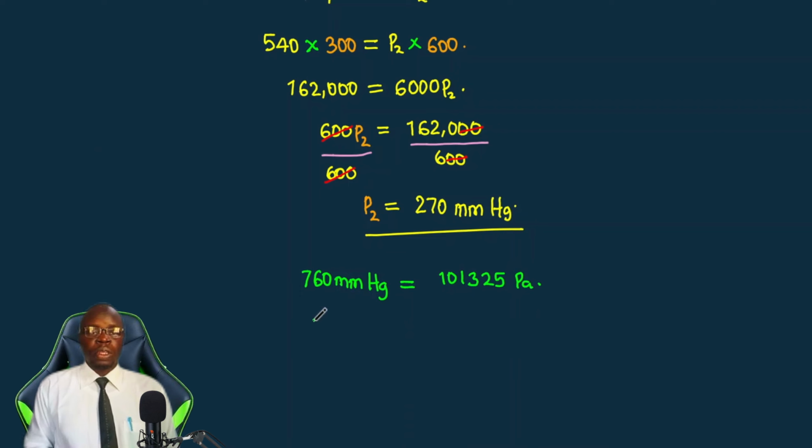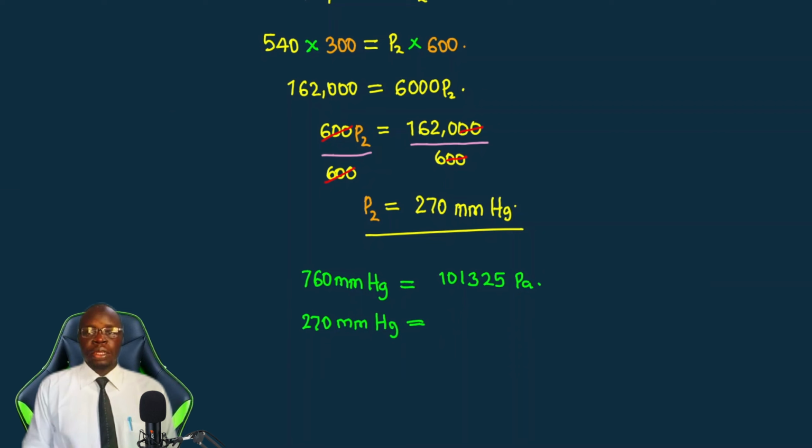So how about if you have 270 millimeter of mercury? How would this be in our SI unit here?